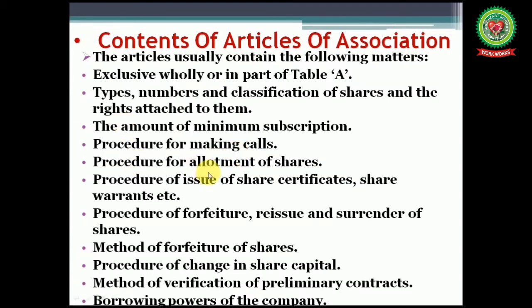Then the procedure for allotment of shares, the new shares they want to issue. Procedure of issue of share certificates and share warrants. Procedure of forfeiture, reissue and surrender of shares. Method of forfeiture of shares. Procedure of change in share capital. Method of verification of preliminary contracts. Borrowing powers of the company.